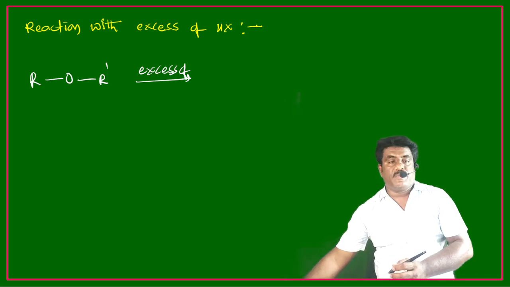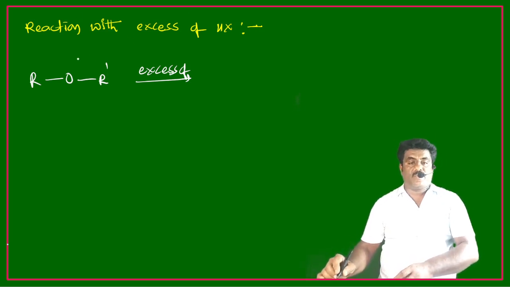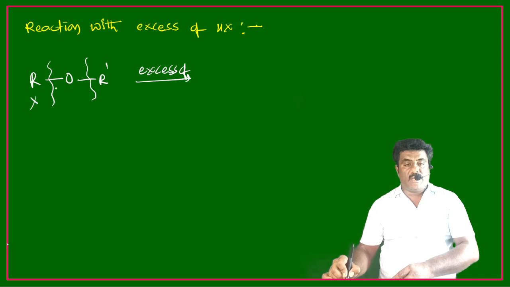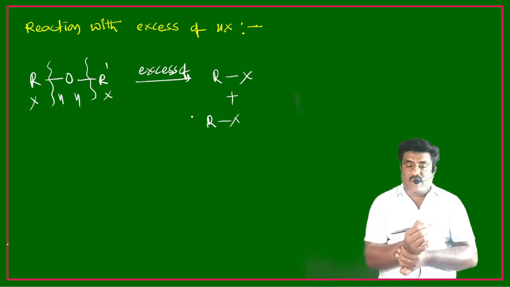Look at the reaction. When breaking the R-O bond, it forms X and H, to form alkyl halide RX plus RX, that is, 2 moles of alkyl halide.